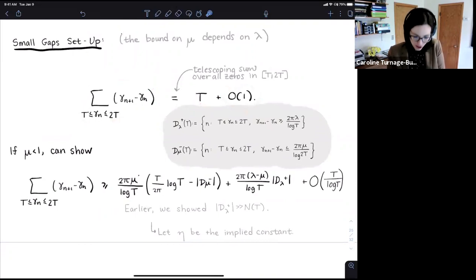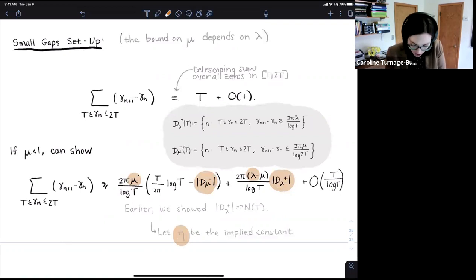And on the other hand, you can work harder and get a lower bound for this summation that involves all sorts of good things. So here's the mu that you want. Here's the size of the set that you want. Here's lambda, that's your large gap result. Here is the size of how many large gaps you have. And let's let eta be the implied constant that we got from before.